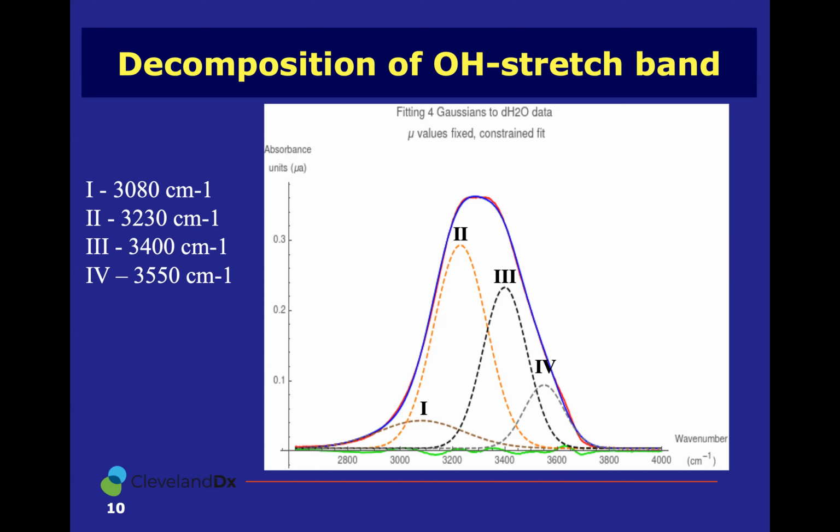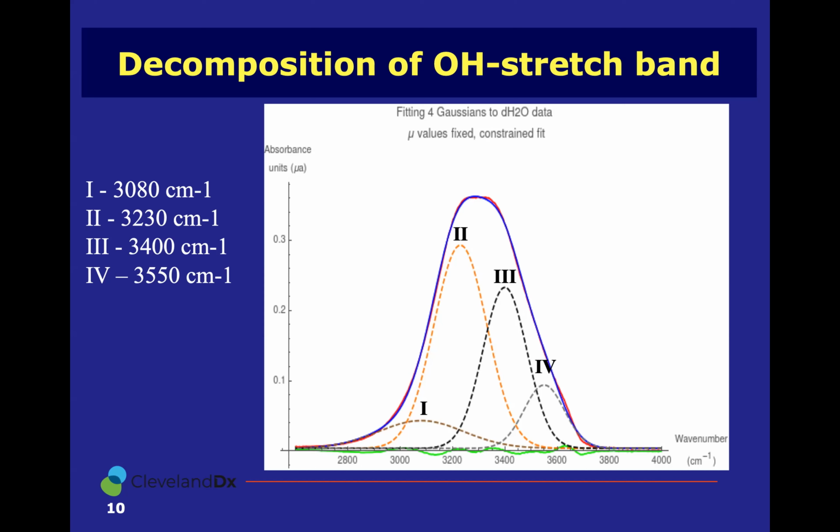The idea is that this OH-stretch band can be fitted by a pretty simple model consisting of 4 Gaussians. Each Gaussian has fixed positions that are shown on the left.